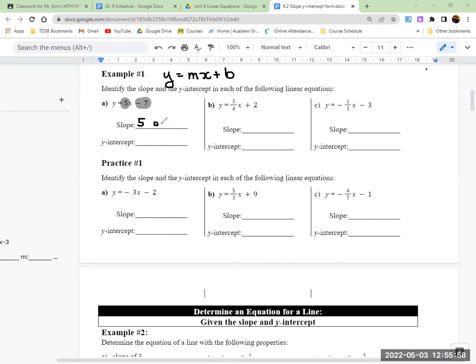Or of course, please remember that 5 is the same as 5 over 1. So my rise is a 5, my run is a 1. Y-intercept, it's a -7. Or please remember that the point is (0, -7). They are interchangeable.